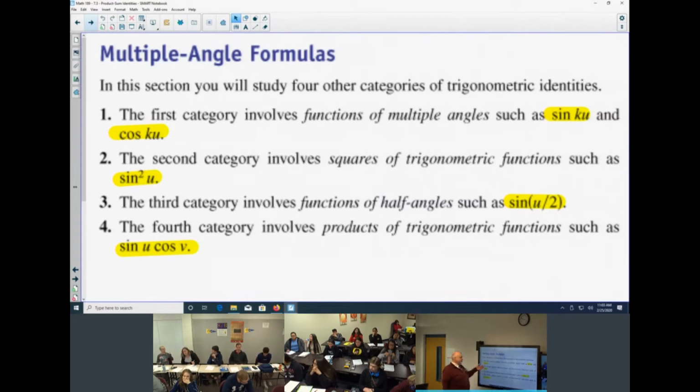That's when we have like the squares. So like sine squared x or whatever. And then the third category we'll have half angles, and they look like this, where we have like the sine of u divided by 2. And then the fourth one is when we have products. So like sine u, cosine u, like that. Okay?